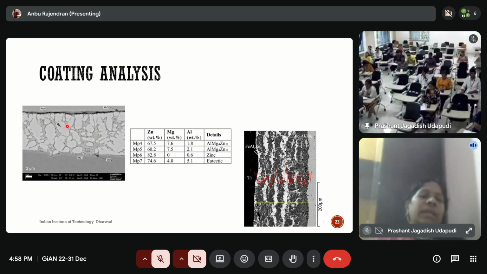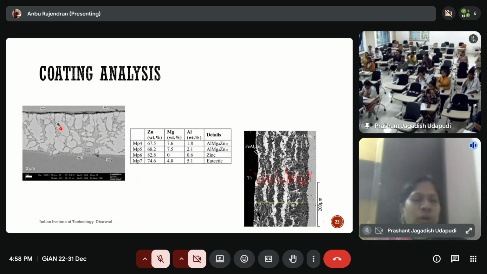I can pick the region and spot my cursor here. The electron will fall on this region, and then a spectrum will come out from that particular region. The spectrum will be run against the database, matching it with the standard elements. It will tell you which elements are present in that particular zone. Those can be analyzed using the SEM.